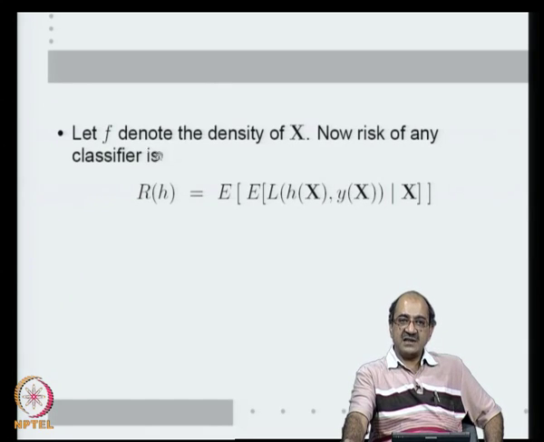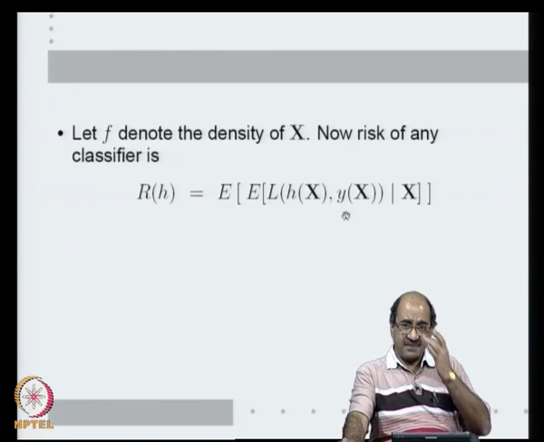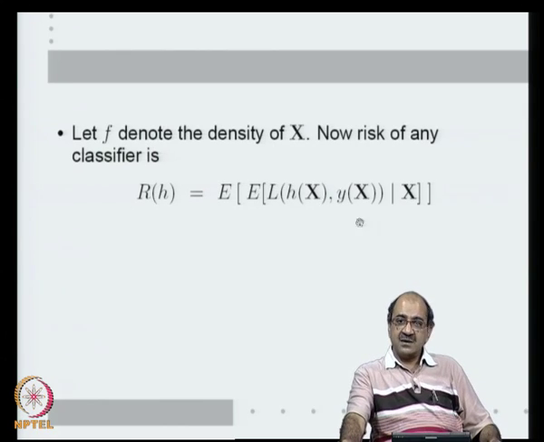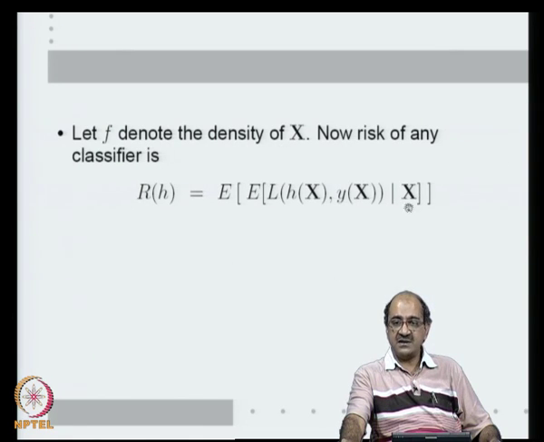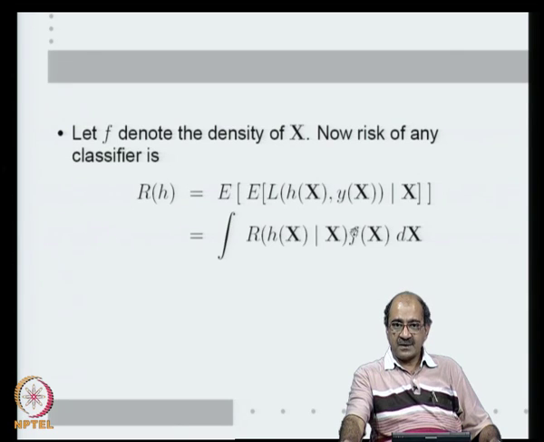So, I have written the unconditional expectation, which is the risk R(h), as the expectation of a conditional expectation. What is the reason for that? The reason is that I already have an expression for the inner conditional expectation, because the conditional expectation is only a function of x. Now, the outer expectation is the unconditional expectation of some function of x. So, I know how to do it because I know the density for x.